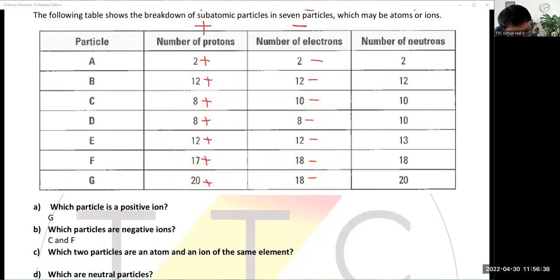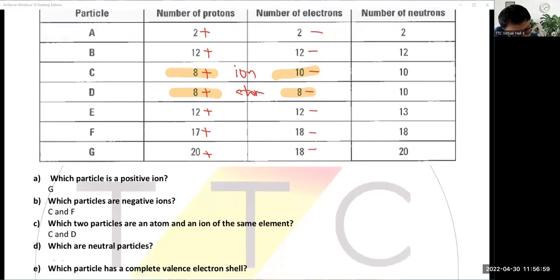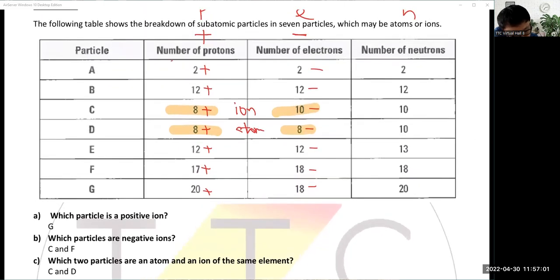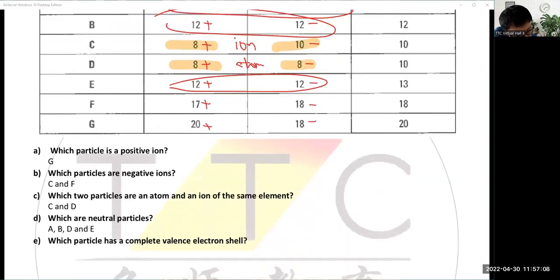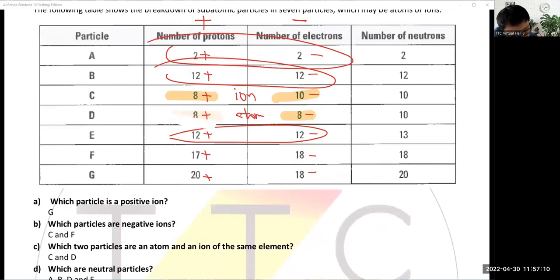So we check here, the proton number is the same, but one is an ion. For example, this is an ion, and this is an atom because the proton and electron numbers are the same. It's neutral. So it's C and D. Which one is a neutral particle? We check here: this one neutral, neutral, neutral. So you have 3 neutral particles, or one more, yes, this one also neutral.